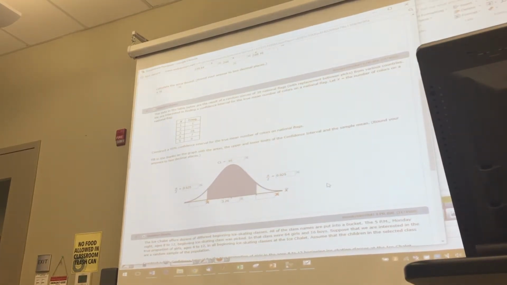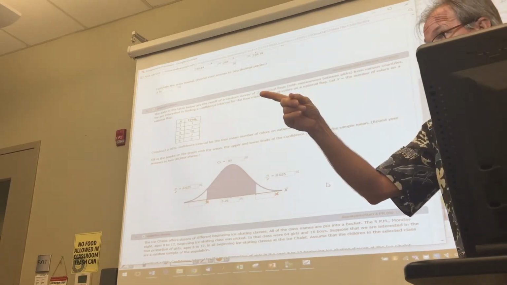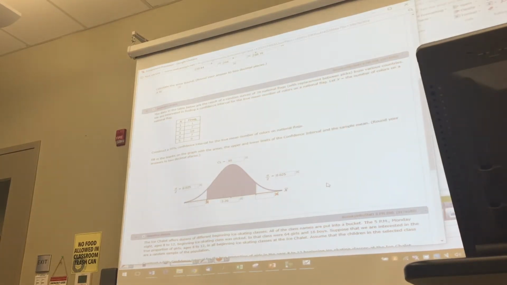To get my error bound margin, the only difference is I still need a standard error and I need something from the table. But is my standard deviation of the population known or unknown? Unknown, so I'm going to use a T table instead of a Z table.